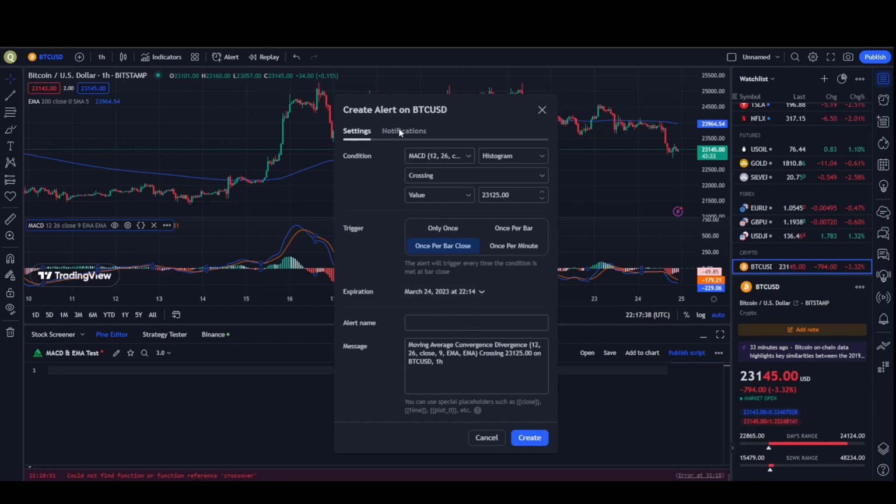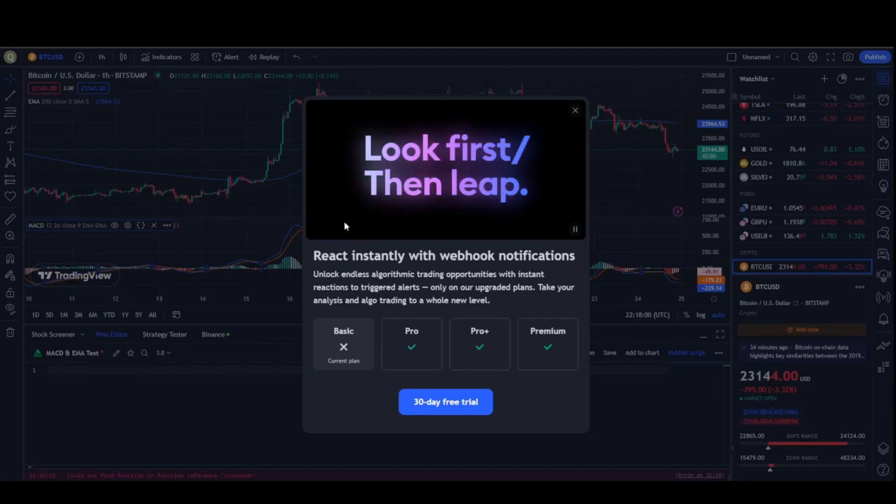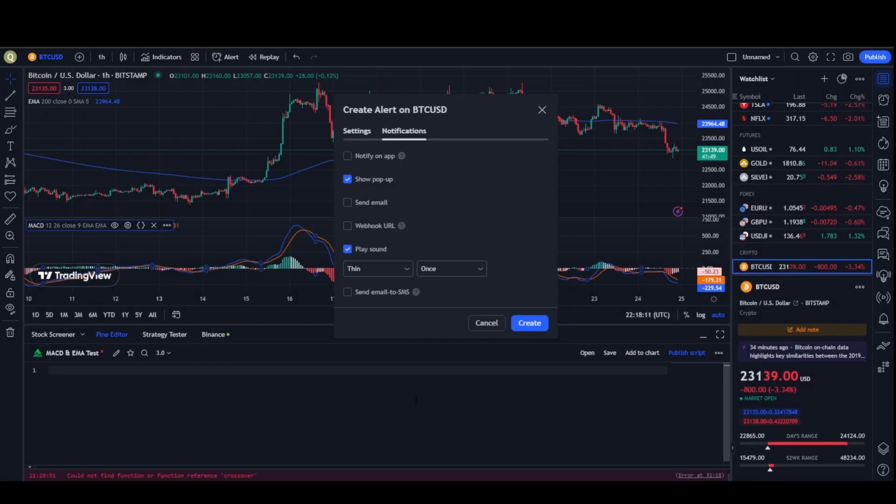And what I've found out is that we need to use a webhook URL. Oh, okay. We may need to sign up for the Pro for 30 days for the free trial. Let's have a look. How much is it? Ideally, I would like to use a webhook URL, which sends a signal straight away to 3 commas.